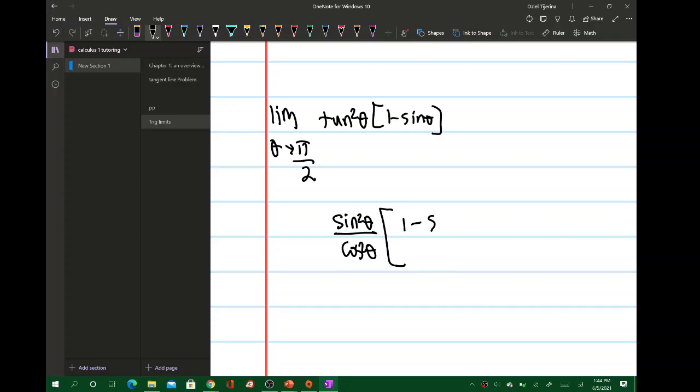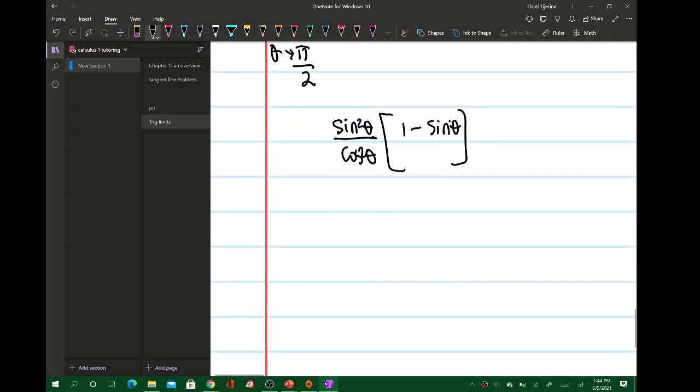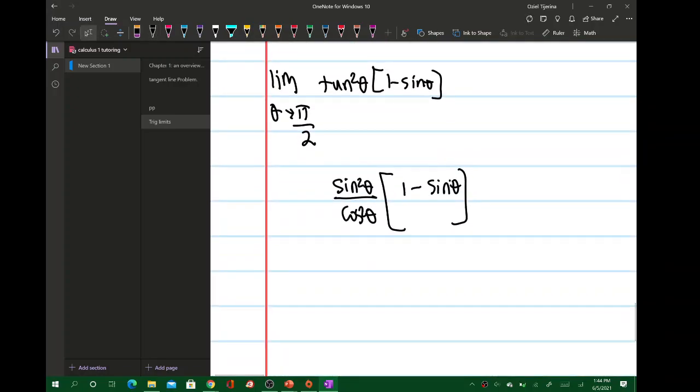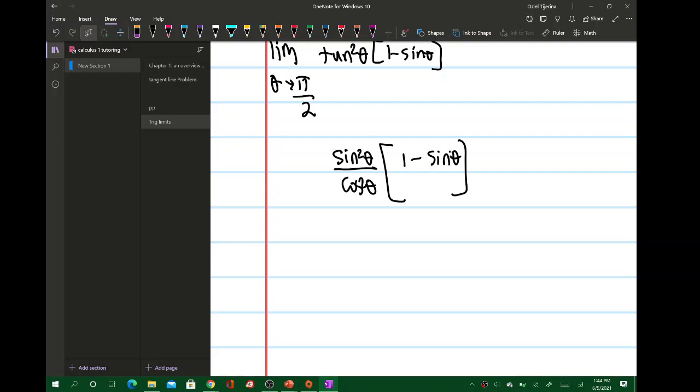So 1 over 1 minus sine theta times 1 minus sine theta, excuse me. So sine squared theta over cosine squared theta times 1 minus sine theta.